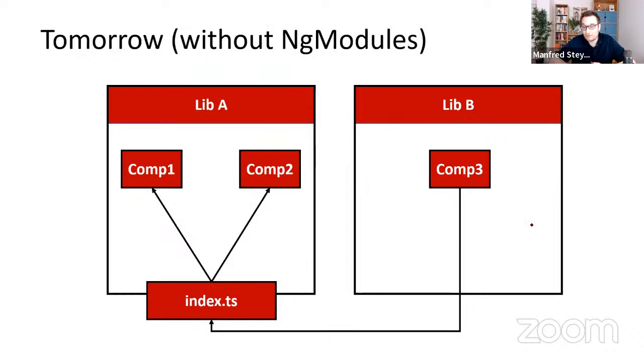Then all you need is throw away your ng modules and it will become more straightforward. You can directly reference what you need. And now you even have a directed path from the consuming component to the consumed component. More logical, more straightforward, more features thanks to NX.